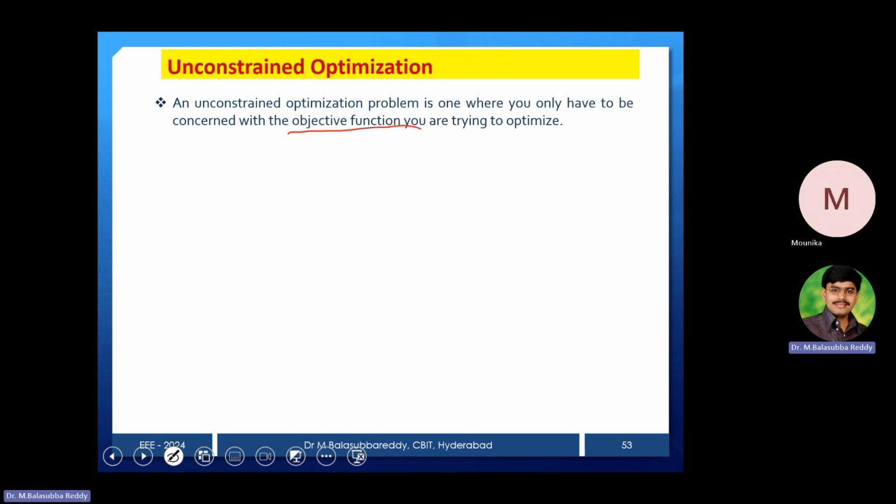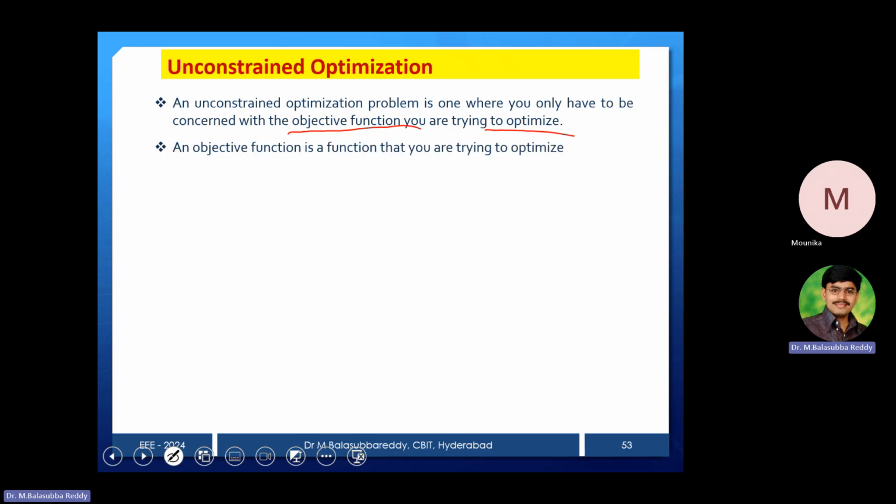We are not concentrating on the constraints because the subject-to-constraints part is not there. Other problems may have many constraints as well, but here we have only one objective that we try to optimize. That is the only problem here.